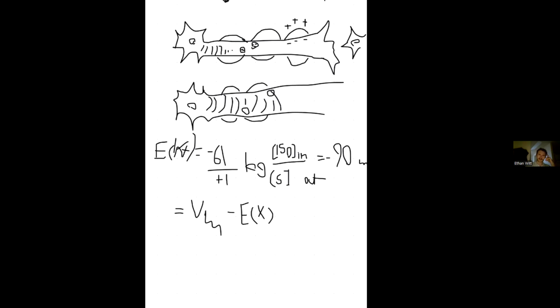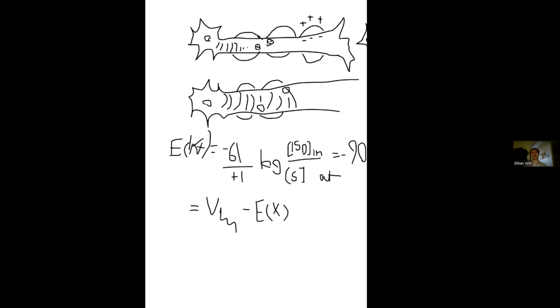Membrane potential is where the cell is currently at. Equilibrium potential is where it wants to go, kind of the goal. When you subtract equilibrium potential from membrane potential, that is what we call driving force.